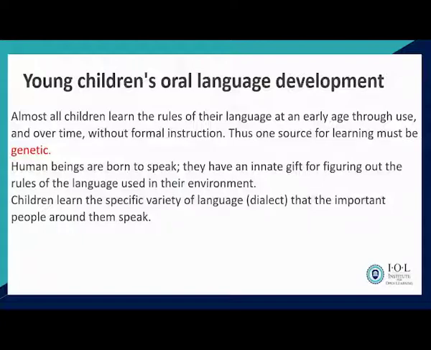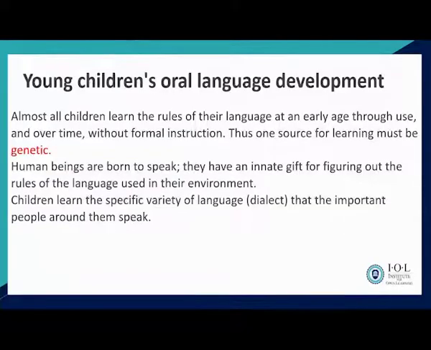So oral language development, like I said earlier, has to do with coming from the bottom up there. It's a process. A young child will learn from the bottom, somewhere there in the middle, all the way up.